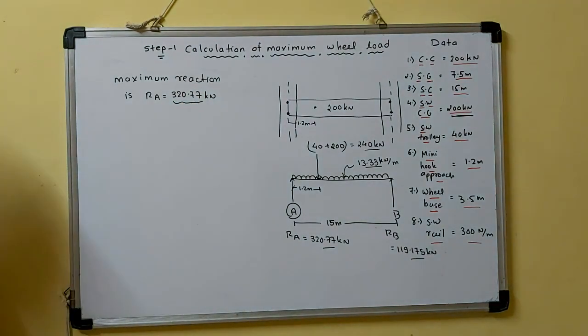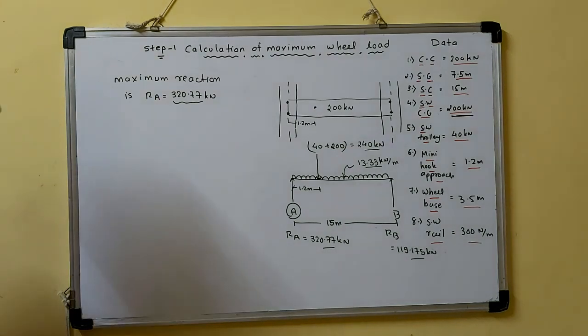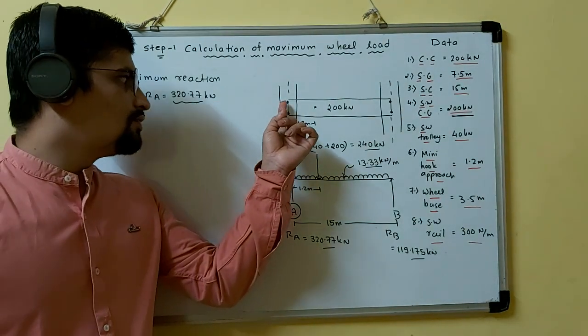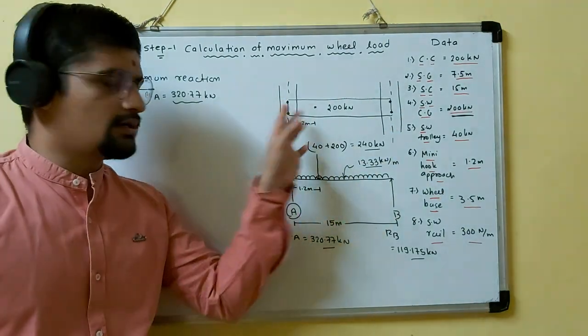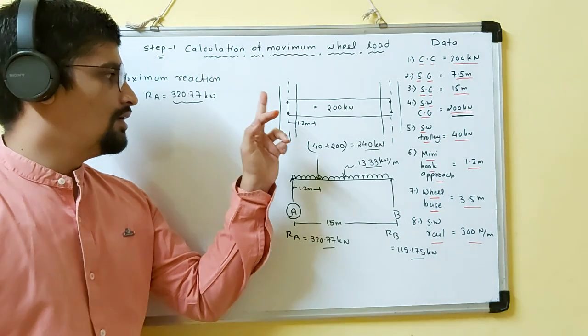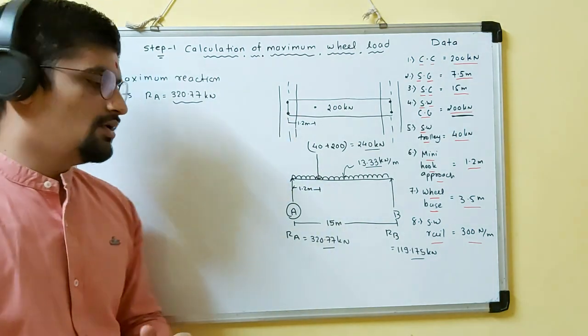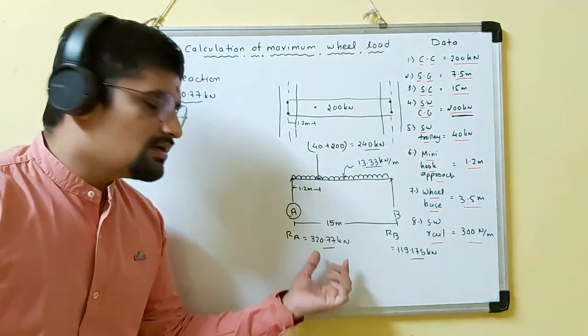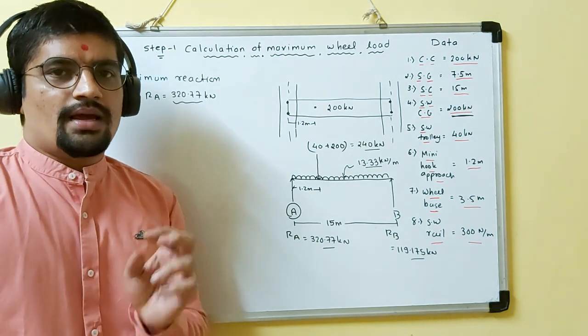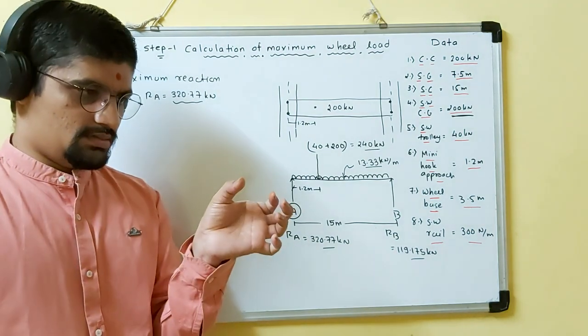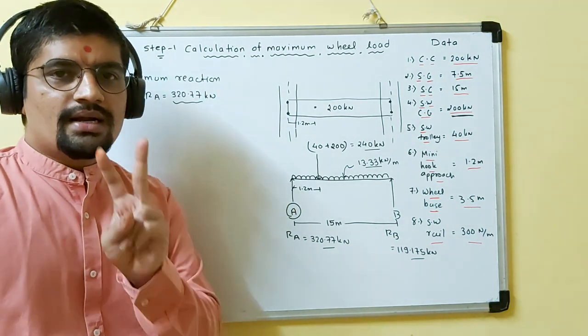I have mentioned earlier that the crane girder has two wheels at each end. So this reaction will be taken by two wheels.